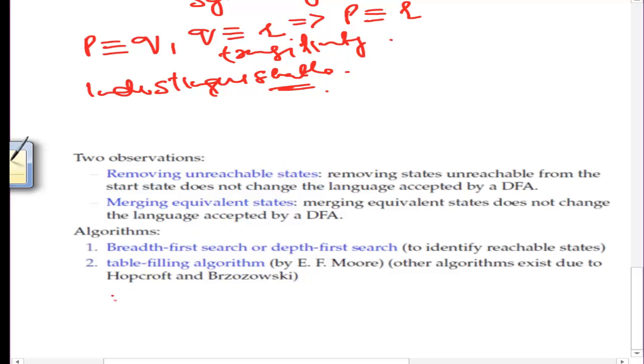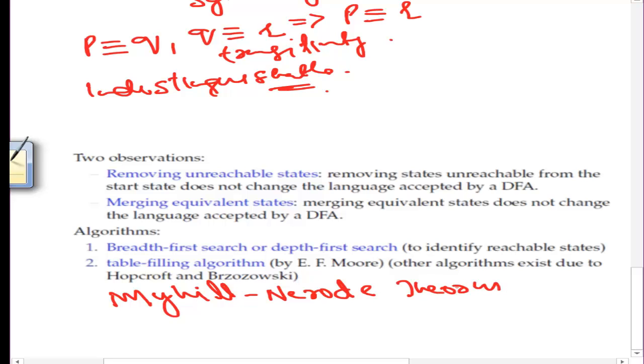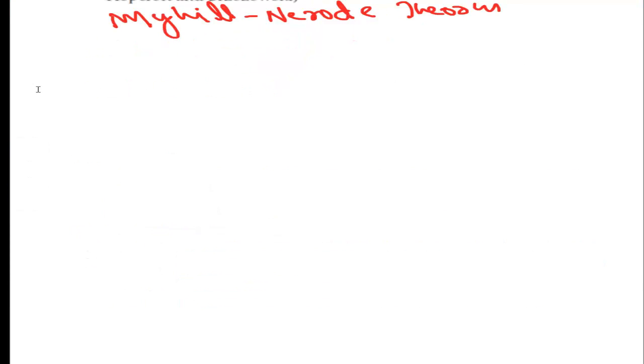We can minimize our DFA using the Myhill-Nerode theorem as well, right? So broadly speaking, we have three algorithms. One is Edward Moore's algorithm.